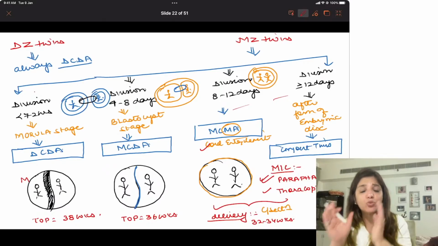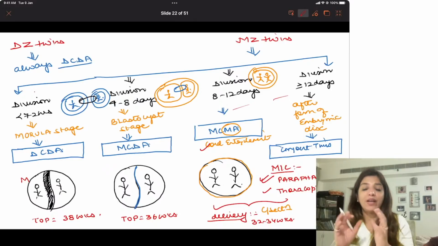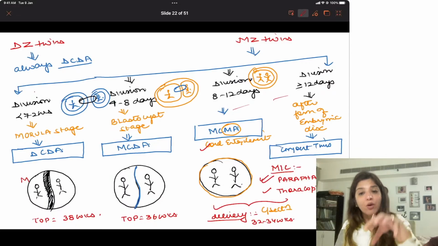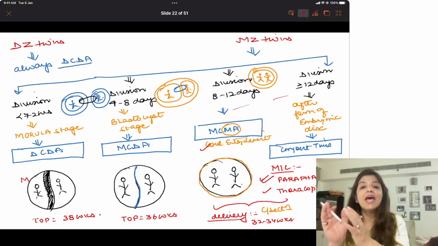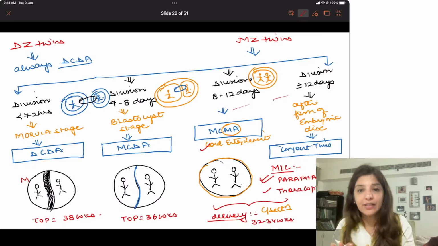That is why whenever we have a twin pregnancy patient, it is very important for us to know whether we are dealing with dichorionic twins or monochorionic, because monochorionic will have bad prognosis and dichorionic will have good prognosis. Till here it is clear to you?